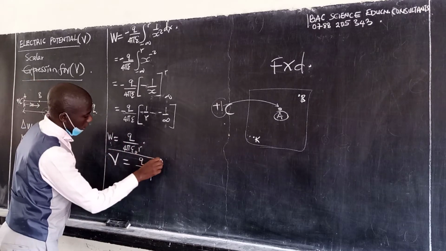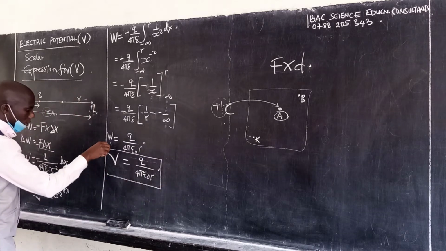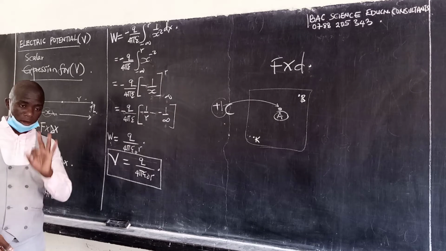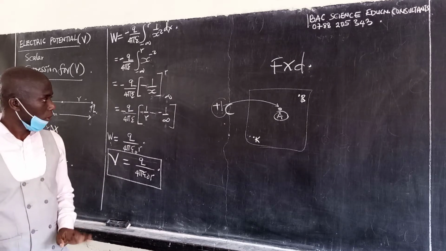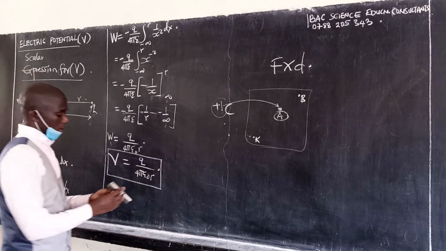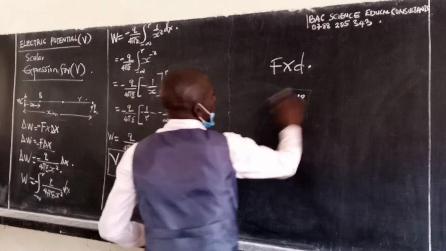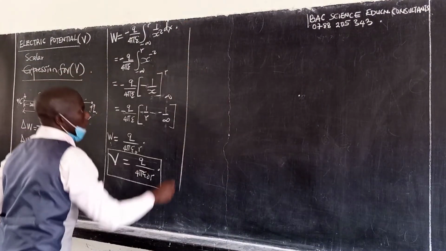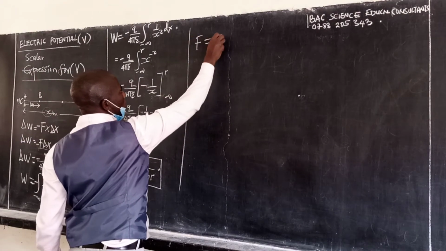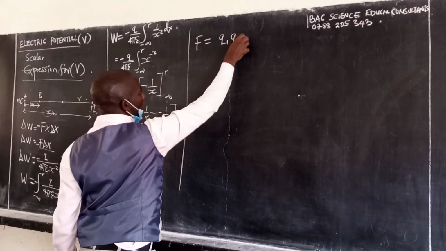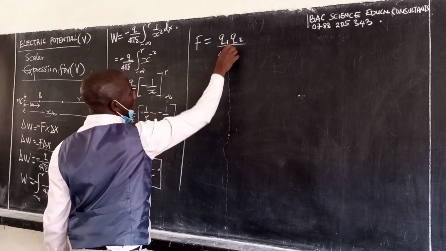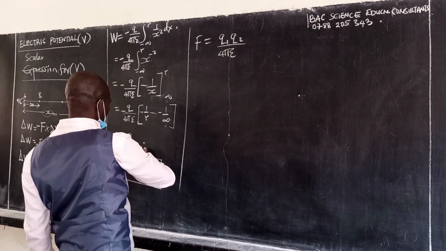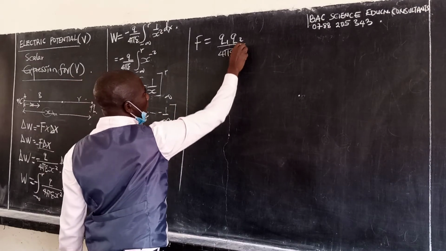This is a very important statement. Remember, so far this is the third one. We began with the electric force, which was Q1 Q2 out of 4 pi epsilon naught r squared.